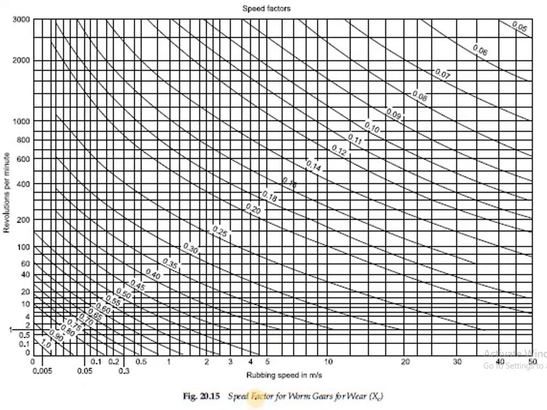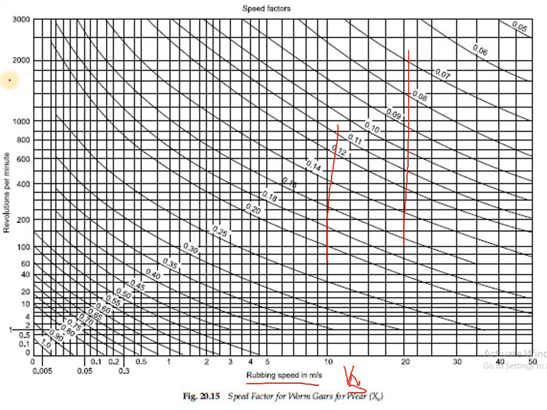Now first we will see the speed factor for worm gears for wear. This chart is used for it, that is XC. It depends on the rubbing speed, given by VS, and the revolutions per minute, N1 and N2. For the worm, if you have to find XC1 and your rubbing speed is 10, this will be the line of 10, and for 20, this will be the line of 20.